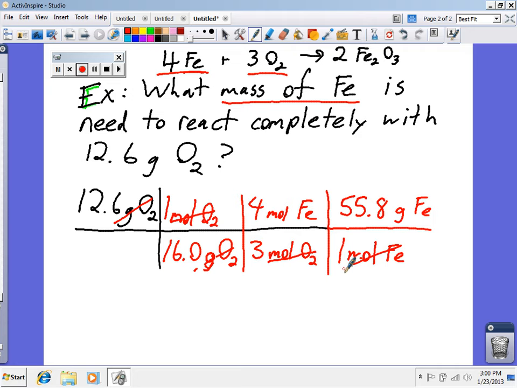So moles of iron on the bottom cancel with moles of iron on top, and we are left with the unit of grams of iron, which is the mass. So we multiply everything together on top and everything together on bottom.